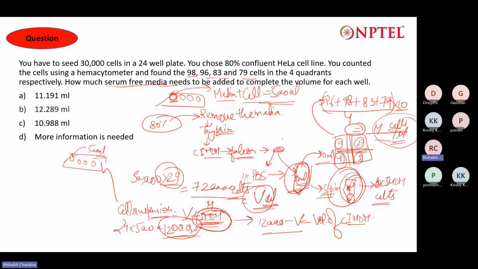So we give a PBS wash. We dissolve those cells in PBS, and from that cell suspension we make dilutions. We cannot make dilutions in media. So this particular step is for dilutions. Here I have not shown the making of dilutions in this case. So we make dilutions, then we add in the hemocytometer.